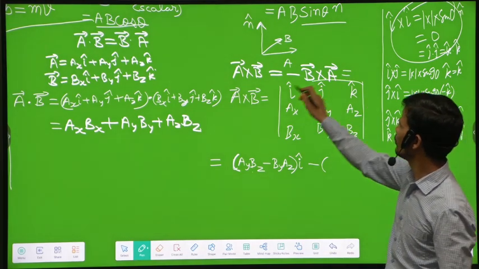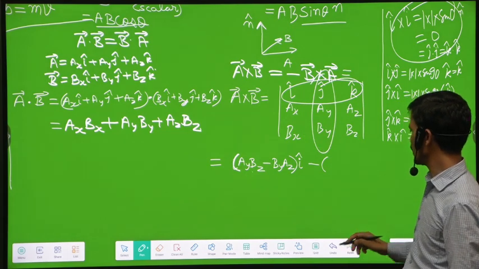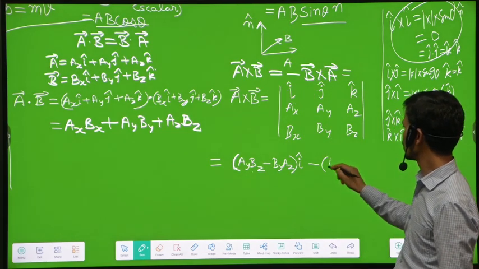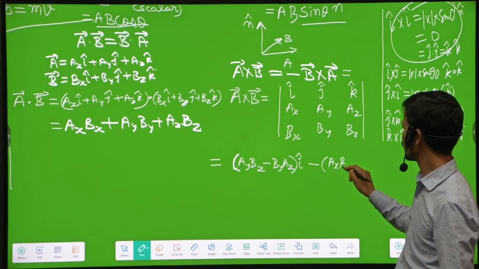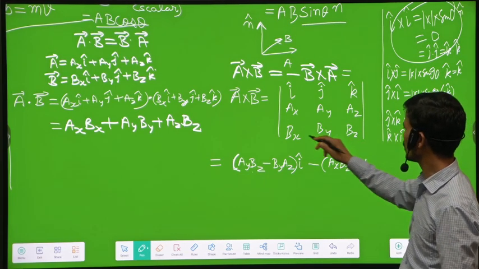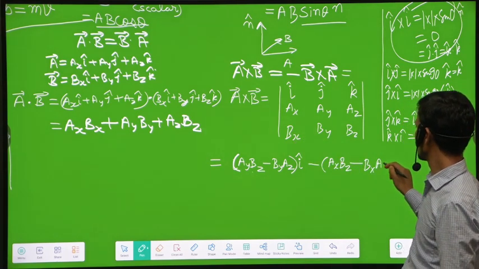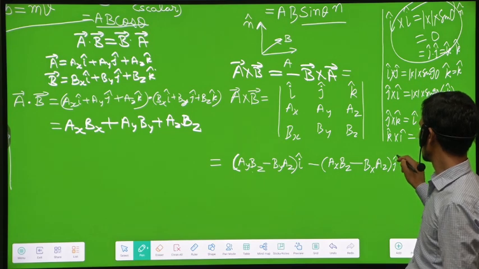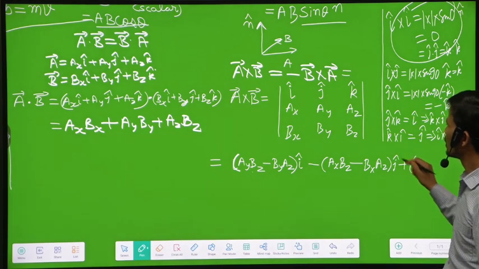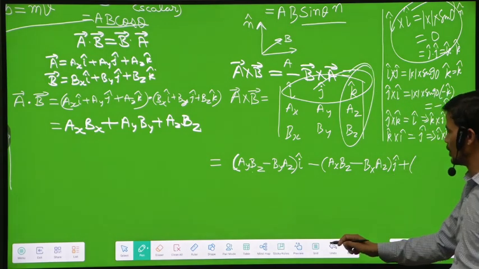Okay, now we will leave this row and this column. So it is ax bz minus bx az, j cap. Plus, now leave this row and this column and multiply.